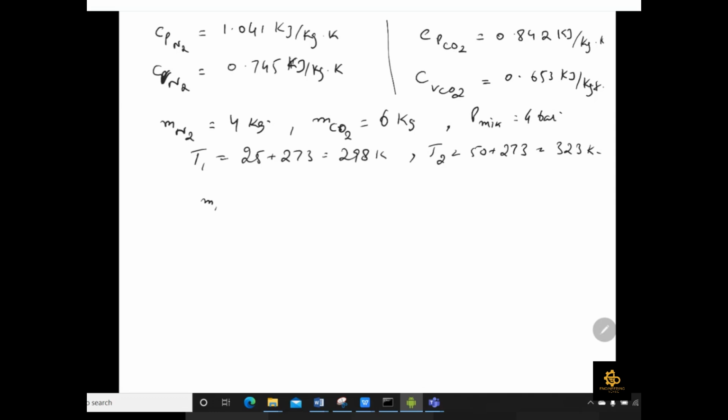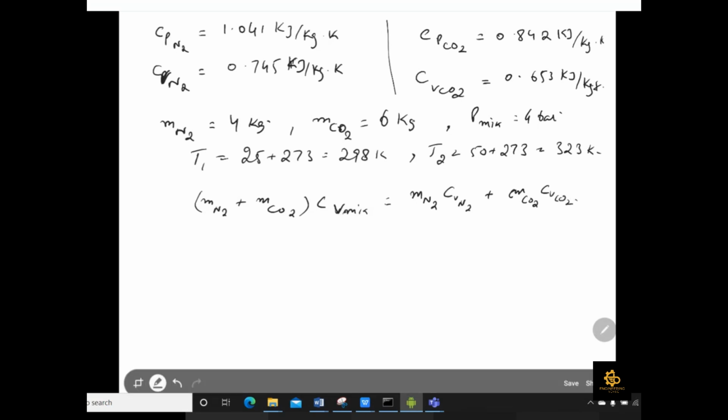We can say that the mass of N2 plus the mass of CO2, multiplied by Cv of the mixture, is equal to the mass of N2 times Cv of N2 plus the mass of CO2 times Cv of CO2.